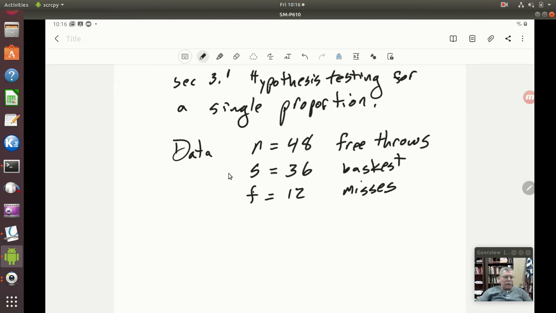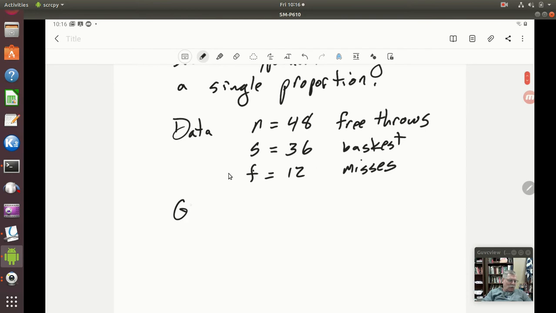Okay, so that's your data, and suppose that the goal for the team is 80% on free throws. Okay, so maybe my goal is 80%.